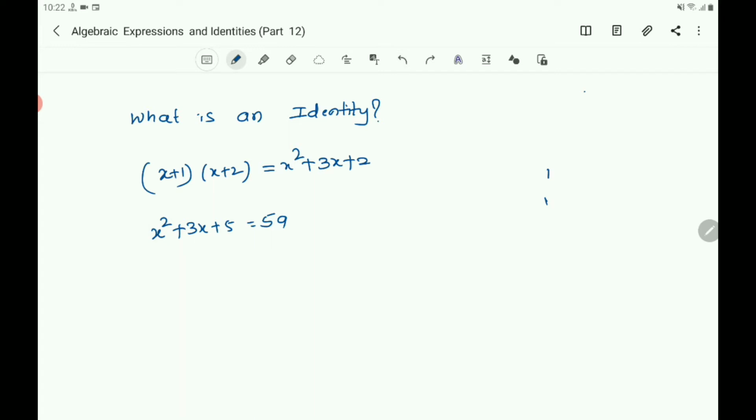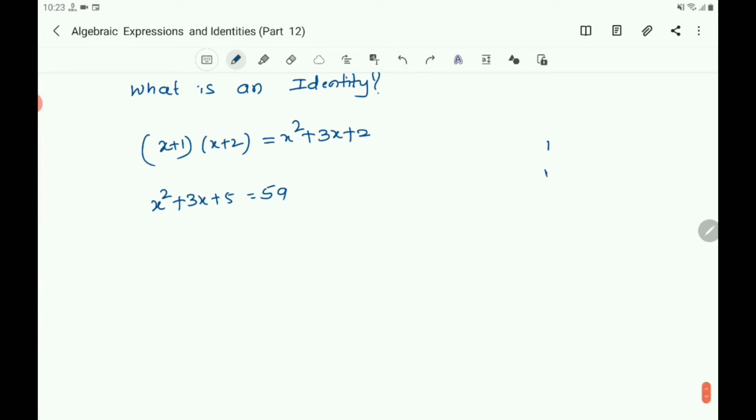Now let us verify whether there is any difference between these two equations or not. First, let us take (x plus 1) into (x plus 2) equals x square plus 3x plus 2.